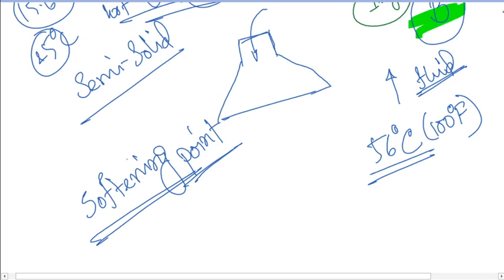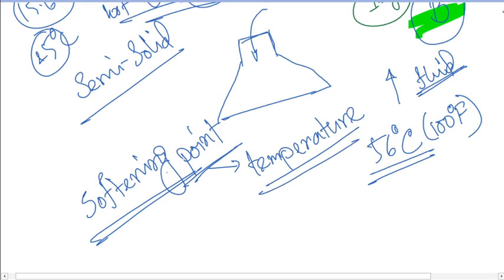For the time being, understand that the softening point of the bituminous material indicates a temperature value, and that temperature we need to refer to. We should not raise the temperature more than 56 degrees centigrade above the softening point in the case of tar.